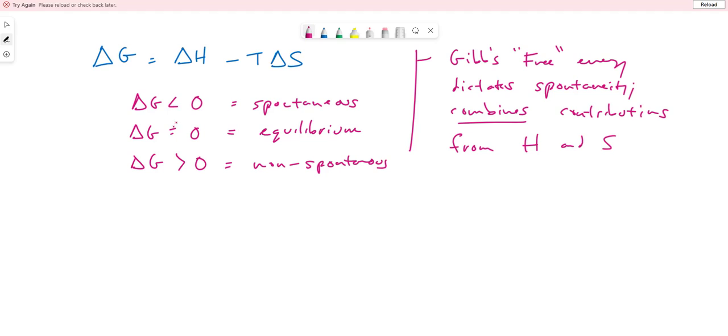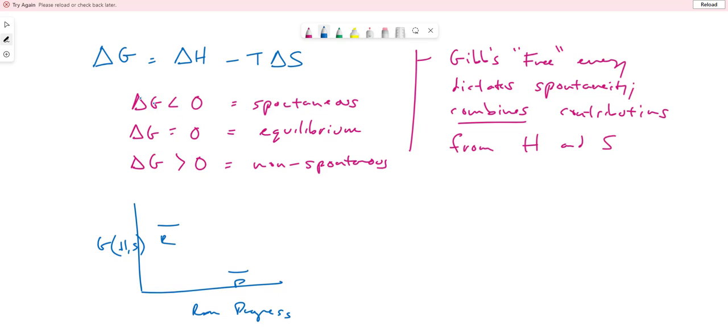And the conditions for spontaneity with delta G are really simple. And this could be thought of graphically, because for me that's almost more important to think about. If we have G on our y-axis and reaction progress on our x-axis, just like normal, now we have our reactants and our products, and G here is a function of both H and S, rather than just enthalpy or just entropy.